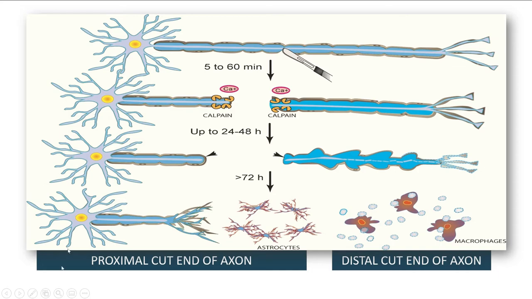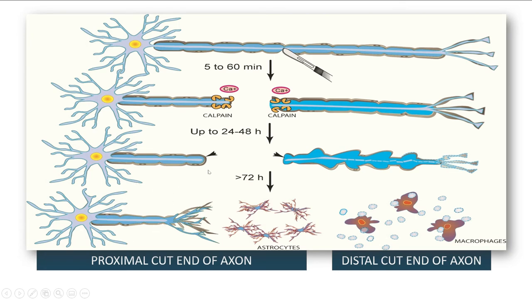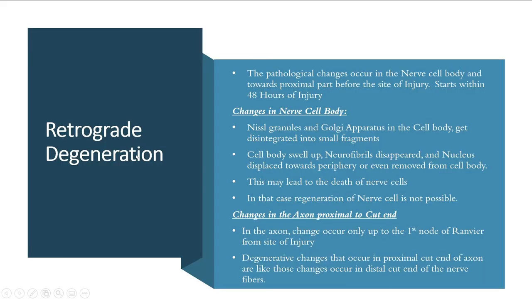This occurs in the proximal cut end of the axon, where basically the cell body is more affected. So the pathological changes occur in the nerve cell body and towards the proximal part before the site of the injury. The proximal part and the cell body become damaged in retrograde regeneration.